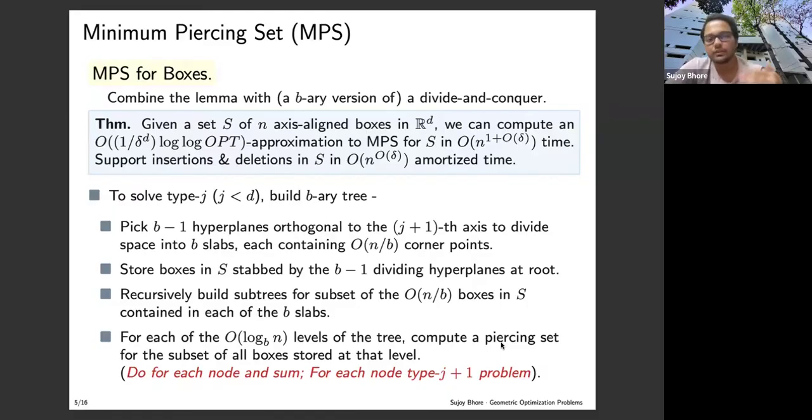And now for each of the order log n many levels of the tree, we compute the piercing set for the subset of all boxes stored at that level. And we are done. Because we do it for each of these nodes, we take the sum, and for each node, this is going to be a type J plus 1 problem. That's it.